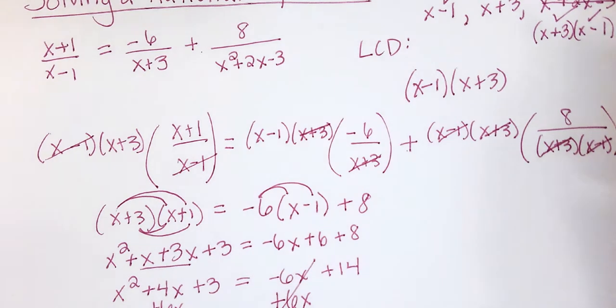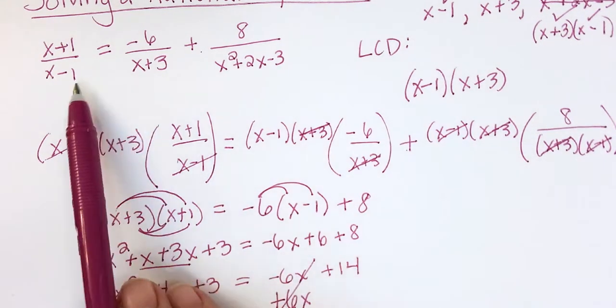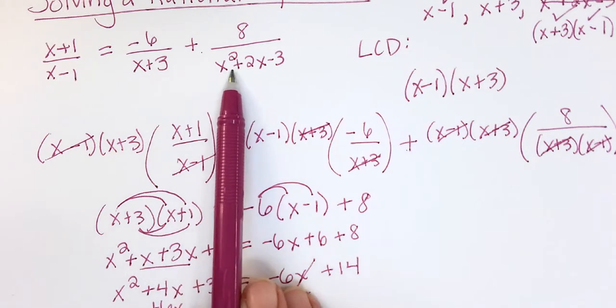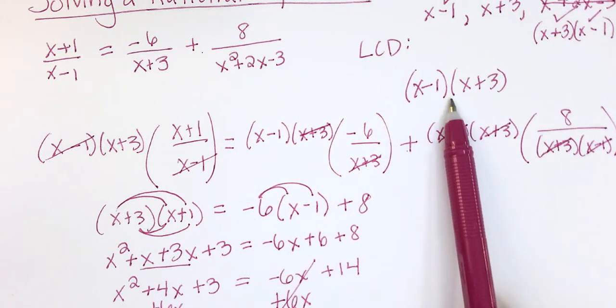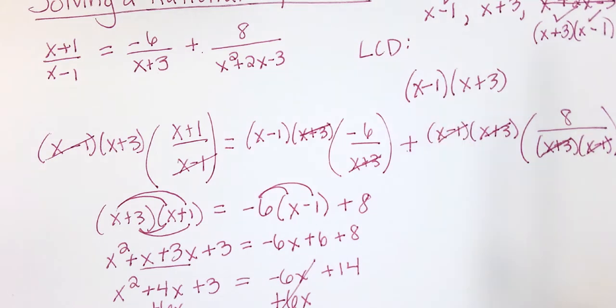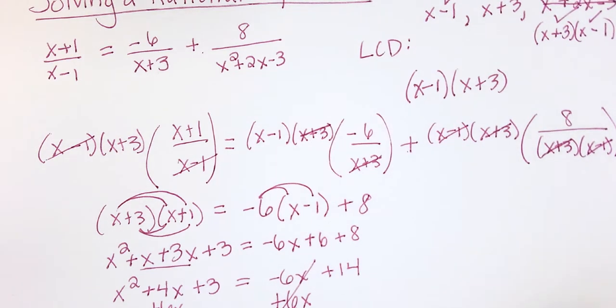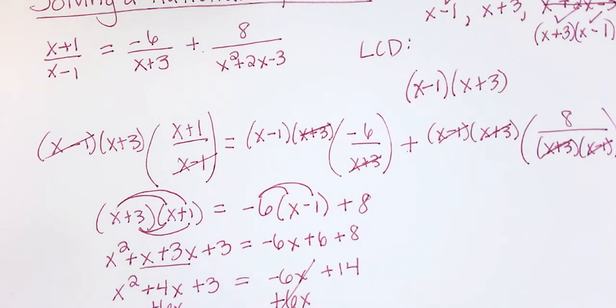So what I want to do is, we know that we took all of these denominators and we found our LCD of x minus 1 and x plus 3. I'm going to write our LCD down here so we can see it. And we know that if we plug any of these numbers into this LCD, those are coming from our denominators.